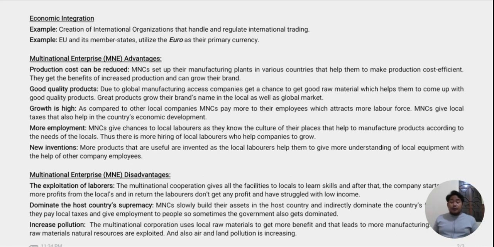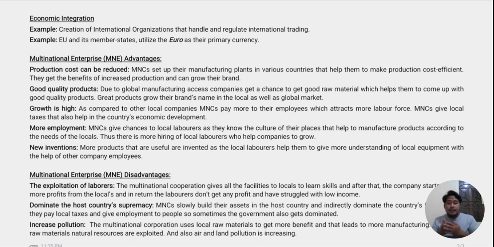The third advantage of MNEs is that basically growth is high compared to other local companies. Multinational companies can actually pay more to their employees, which makes the employment in MNCs more attractive to our labor force.